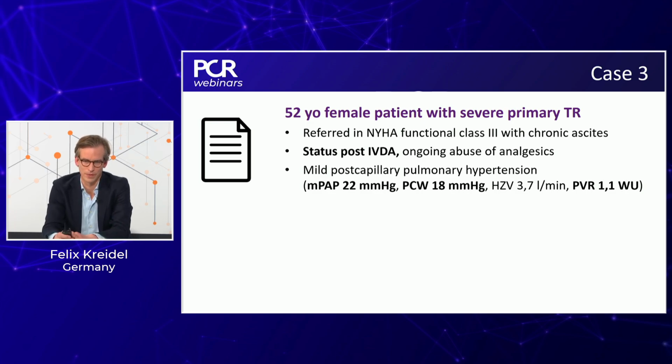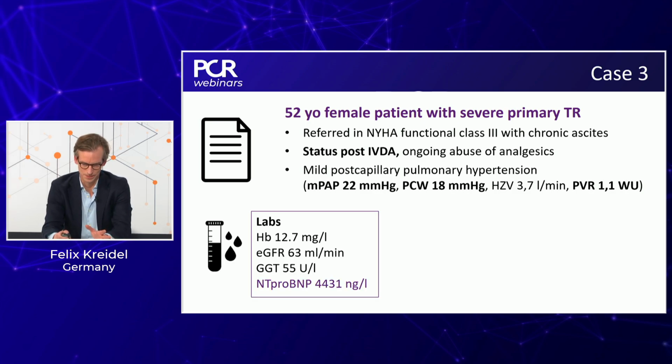She was referred as symptomatic. She found herself in New York Heart Association functional class 3, and she was found to have chronic ascites. A wild past with status post intravenous drug abuse, and the patient was still on analgesic abuse. Post-capillary pulmonary hypertension, but only mild. Other than that, no relevant findings.